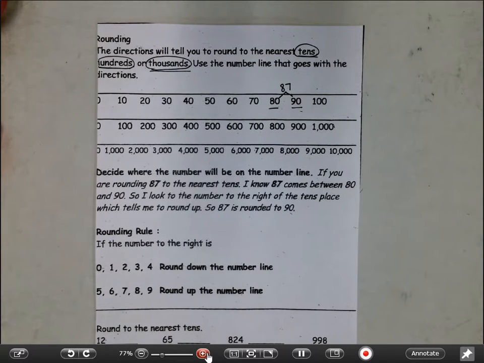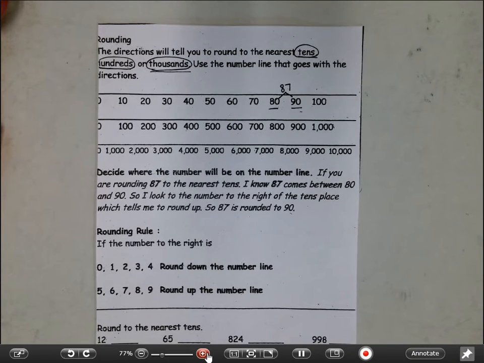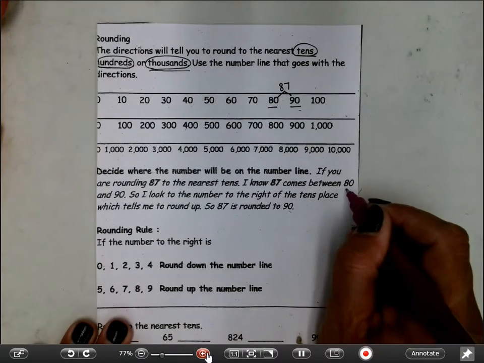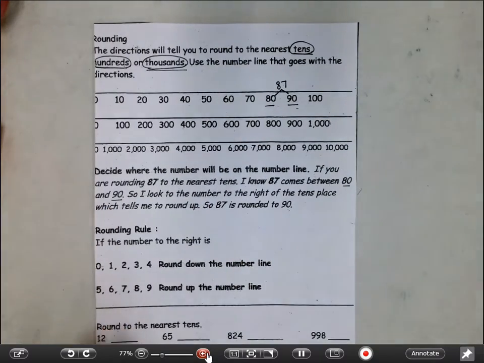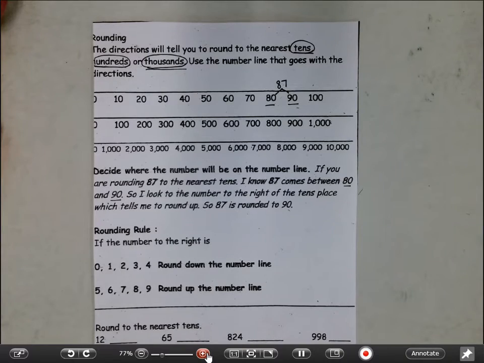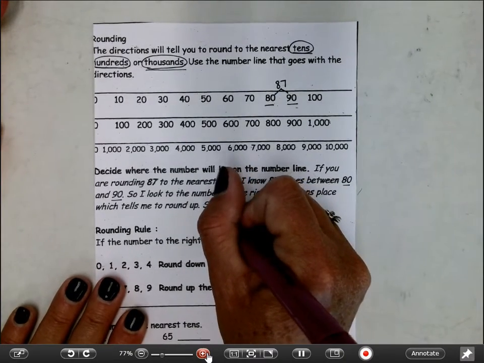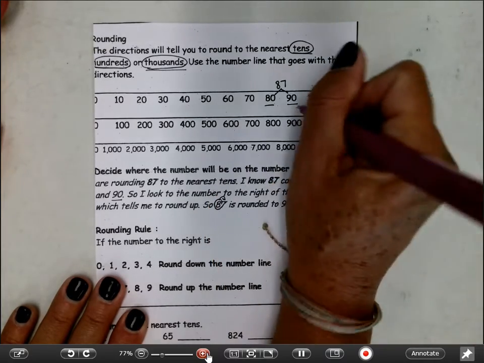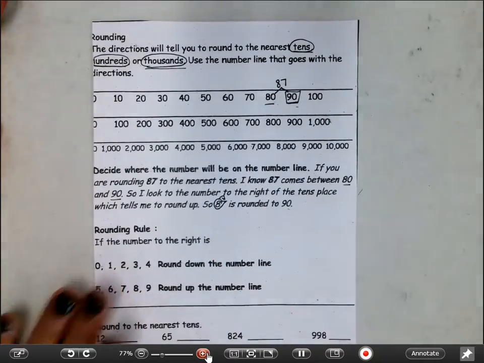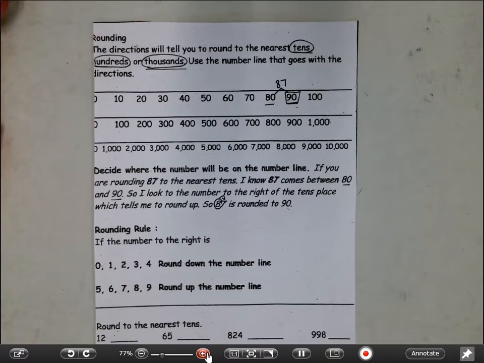Okay? So it says decide where the number will be on the number line. That's what we did. If you are rounding 87 to the nearest ten, I know 87 is between 80 and 90. So I will look to the number to the right of the tens place, which tells me to round up. So 87 goes to 90. Good. So why does the 7 in the ones place tell it to round up? What's the rule?